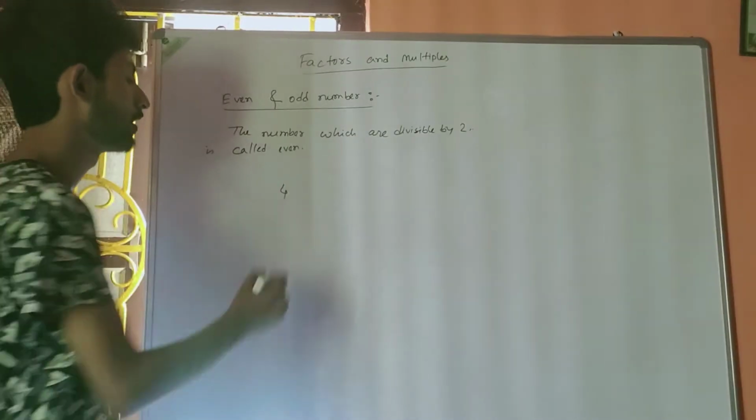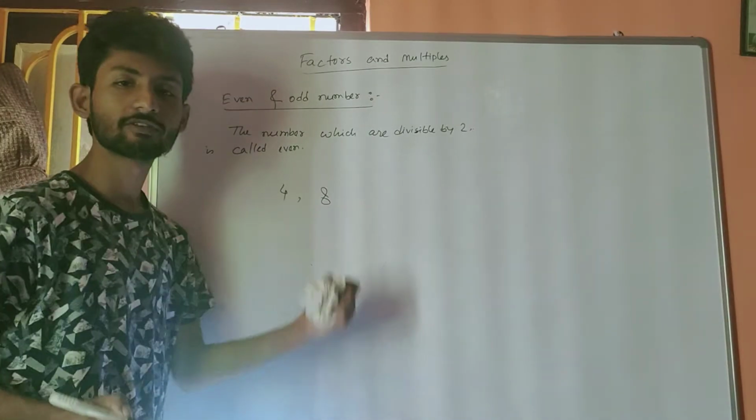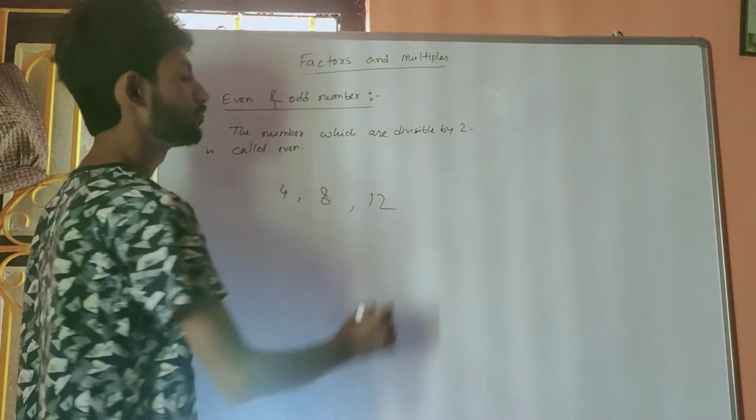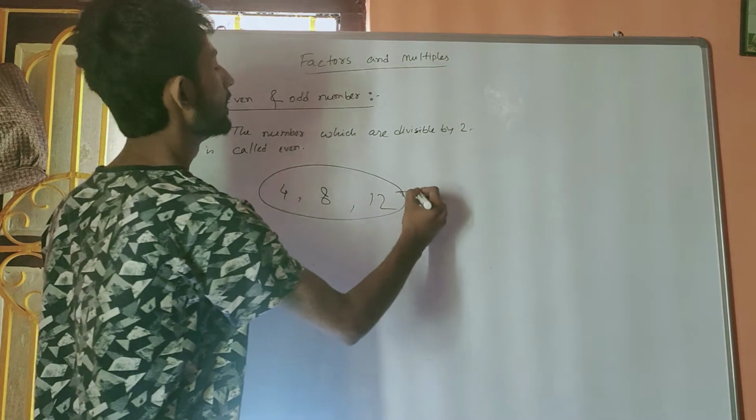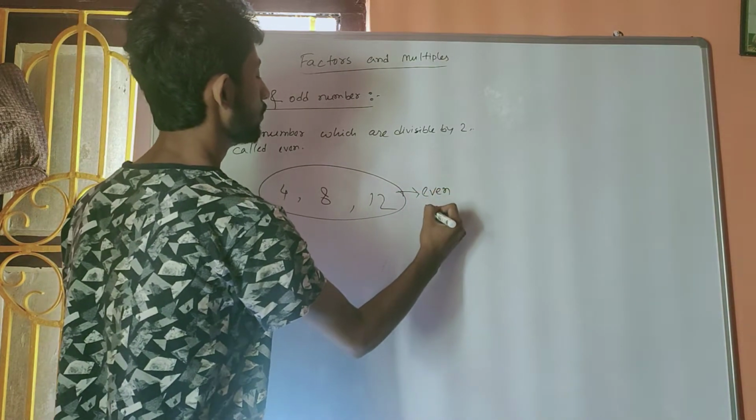Suppose there is 4. 4 is divisible by 2. There is 8, 8 is also divisible by 2. There is 12, 12 is also divisible by 2. So these are all called even numbers.